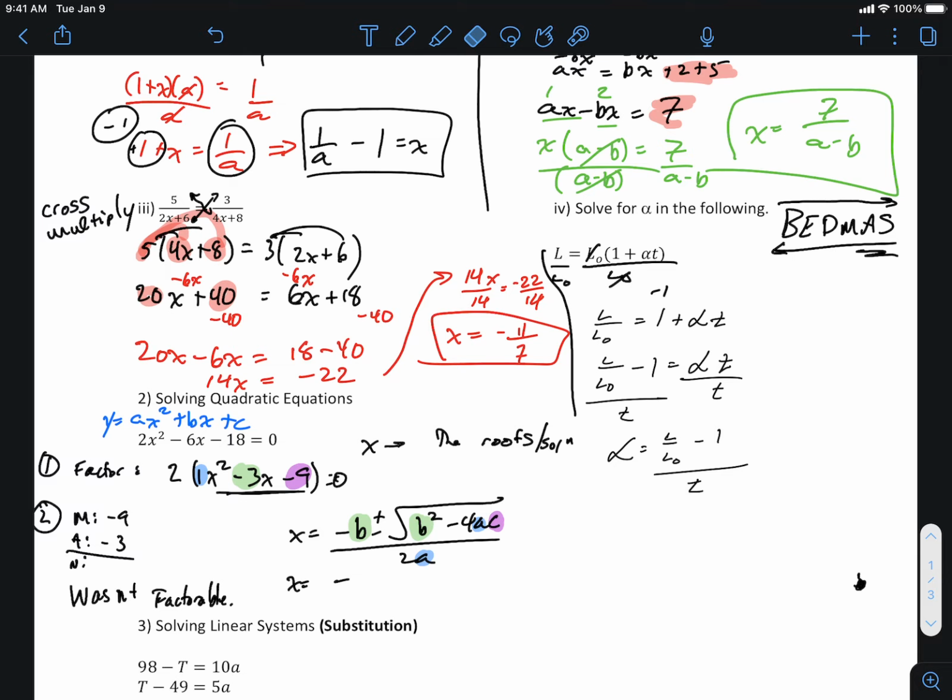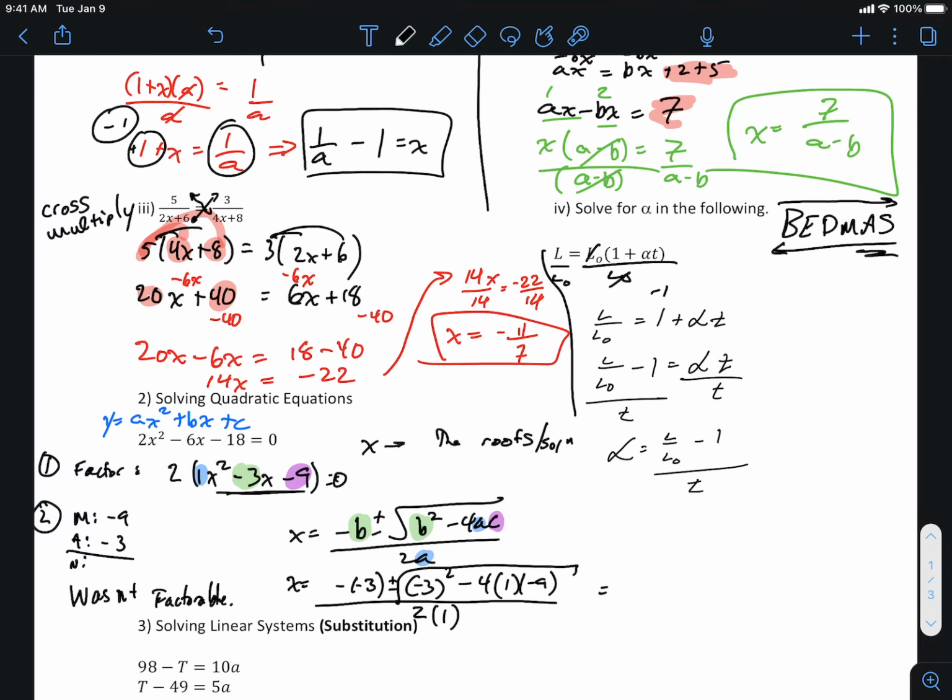This is a little tool for harder kinematic problems, which we're going to see hopefully by Friday, some of Monday. Okay, so what's going on here? We go negative 3 plus or minus the square root of negative 3 squared minus 4 times a, which is 1, times c, which is negative 9, and that's all divided by 2 times the a value of 1.